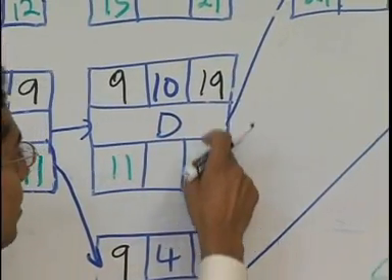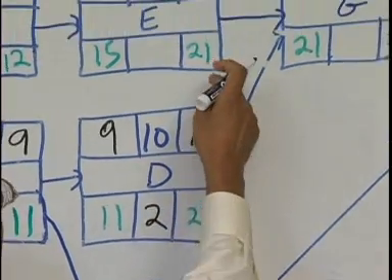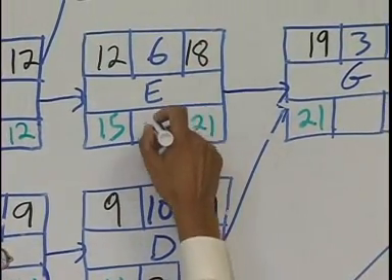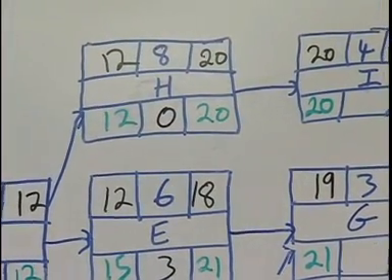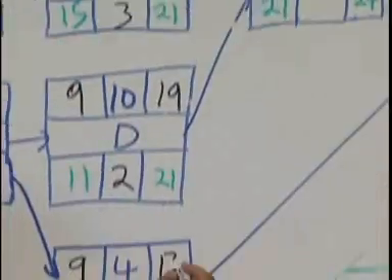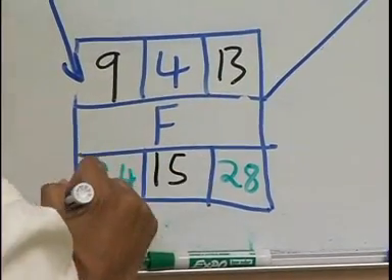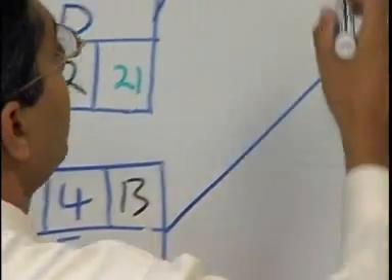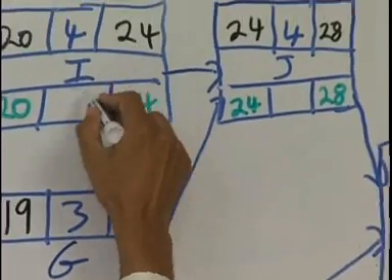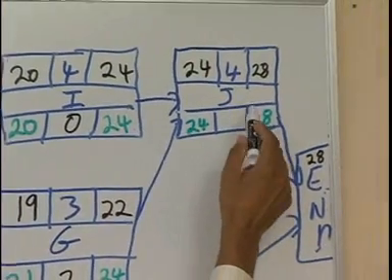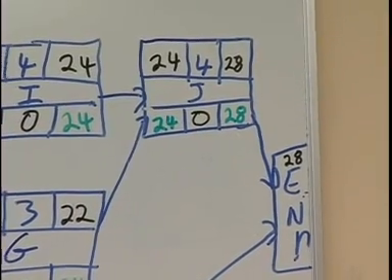D, 21 minus 19, 2. 21 minus 18, 3. 20 minus 20, 0. 28 minus 13, 15. 24 minus 22, 2. 24 minus 24, 0. 28 minus 28, 0. Now we have calculated the slack time.